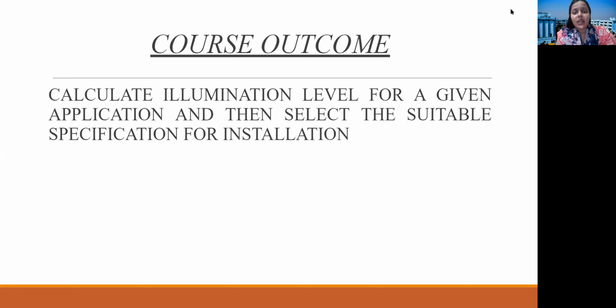Similarly, since illumination engineering is itself a separate engineering, before we read about it in detail, we have to know some basics of illumination. So in our upcoming slides, we are going to study what illumination is and some basic terms of illumination.